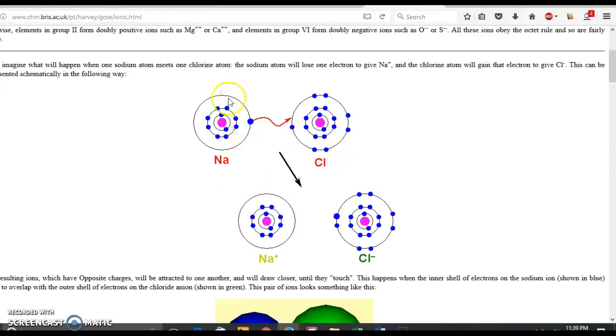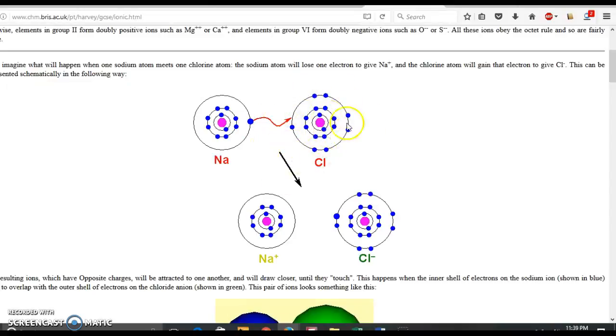Now here you see sodium, it gives its single valence electron away, it donates it and becomes sodium plus ion. And what happens in this process is this single electron which is given off by the metal is accepted by a non-metal.